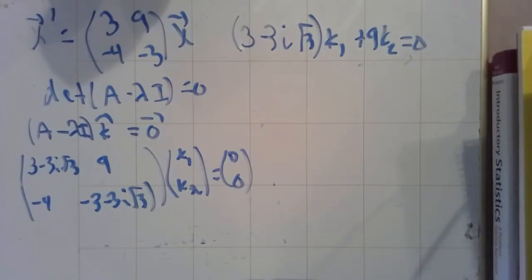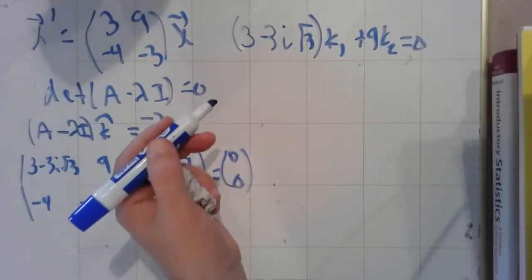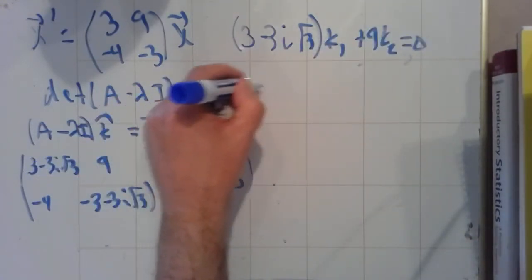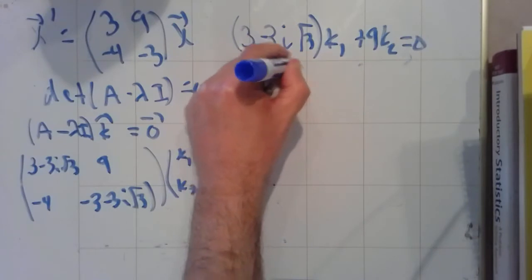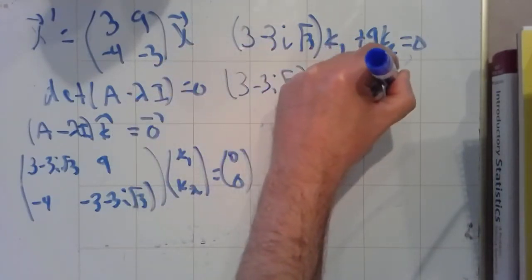So we could move this guy over. 3 minus 3i root 3 k1 equals negative 9 k2.